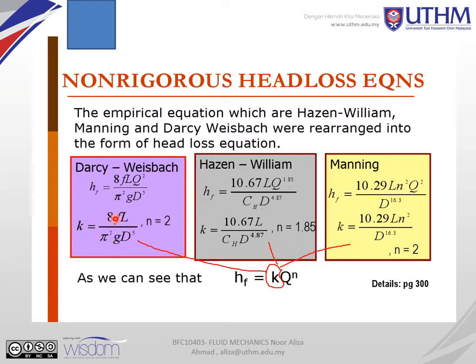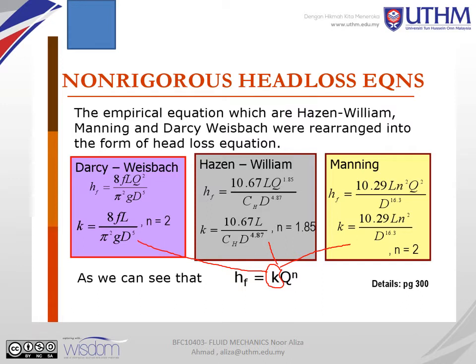The small k is the coefficient used with Darcy-Weisbach, and there is also Hazen-Williams. This is the equation, and the Manning. These are the two non-rigorous head loss equations. As we can see, HF is K, so K is from this.